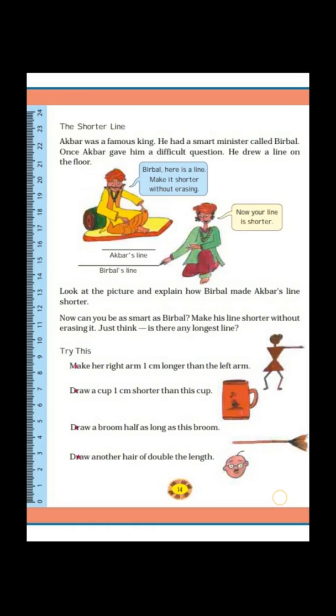Birbal was very smart. He drew a line which is longer just below the line drawn by Akbar, and thus Akbar's line became shorter than Birbal's line. Here you can see Akbar's line and the line drawn by Birbal.